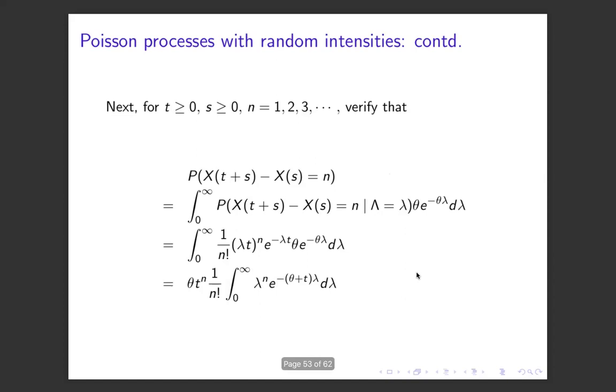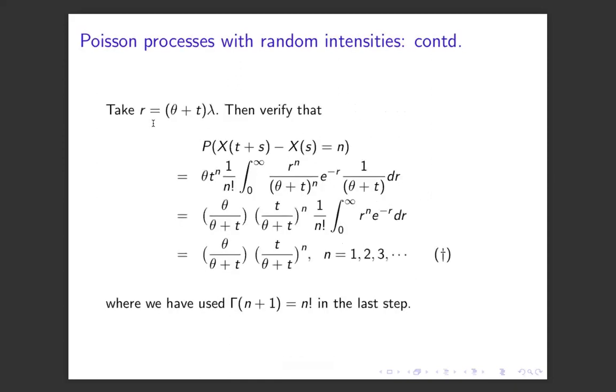So now, please note it. We will make a change of variable now. Of course, the change of variable is easily dictated by equating this to some variable. So take r equal to (theta plus t) times lambda.